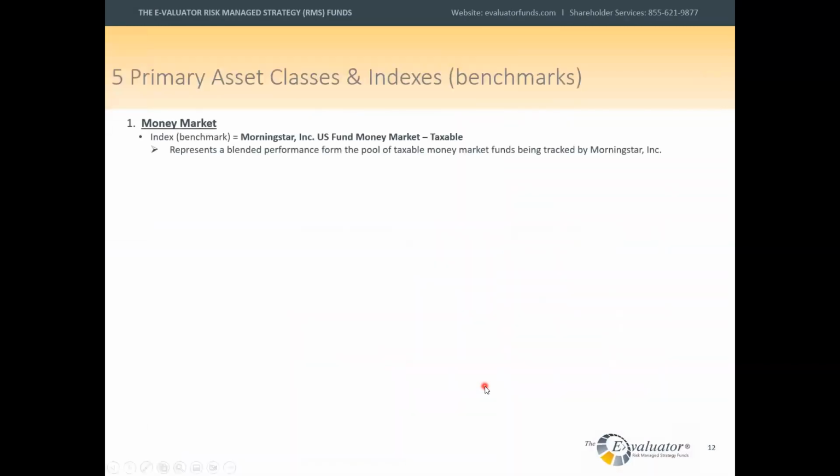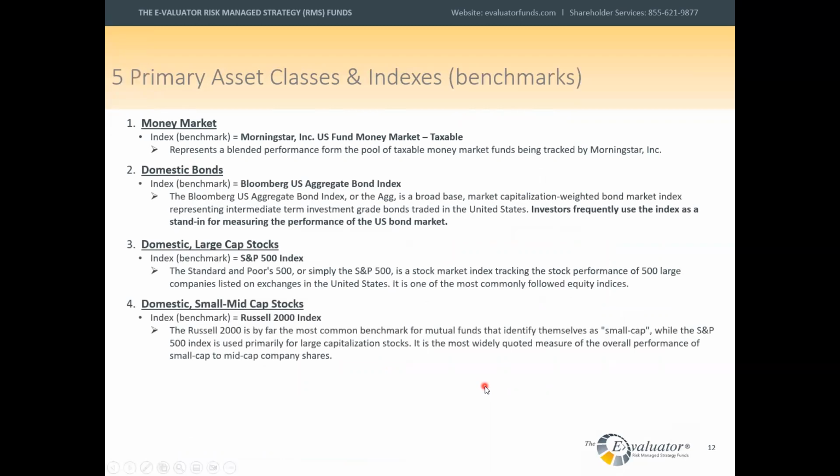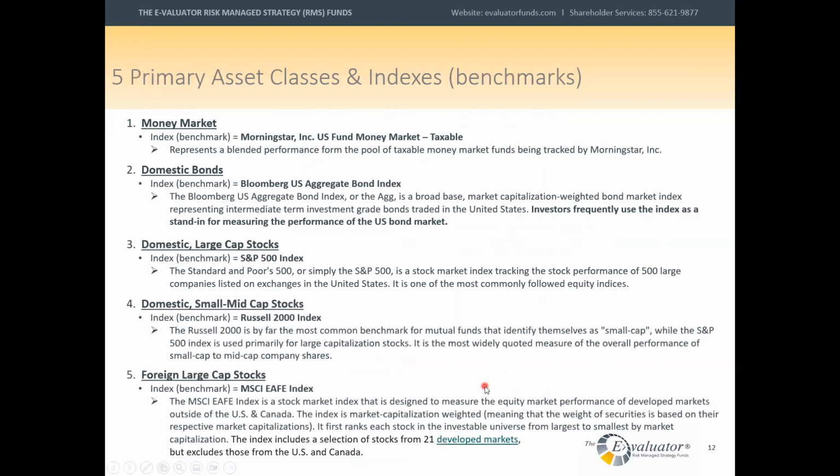Now let's look at 5 major asset classes, because each Evaluator fund allocates some of its money into each one of these asset classes. So for money markets, for our benchmark, we're going to use the Morningstar pool of money market funds that they capture and monitor and create an average for.